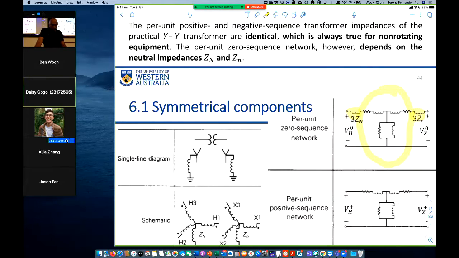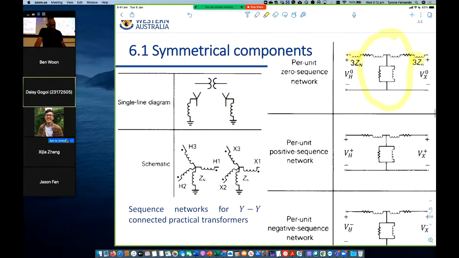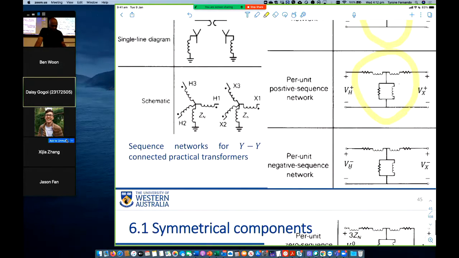For positive sequence, the Zns doesn't appear. This is the equivalent circuit of the transformer. Negative sequence, well, that's the equivalent circuit of the transformer.